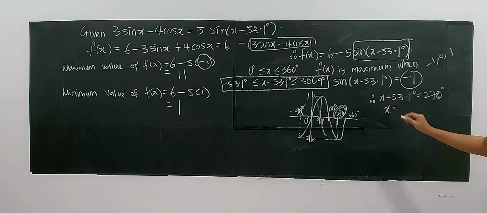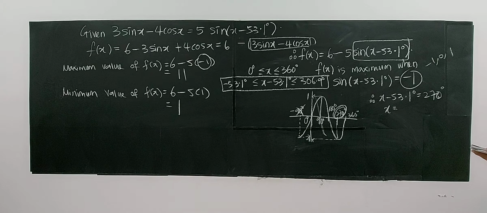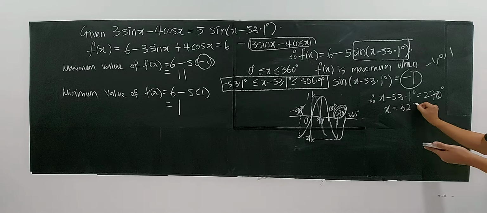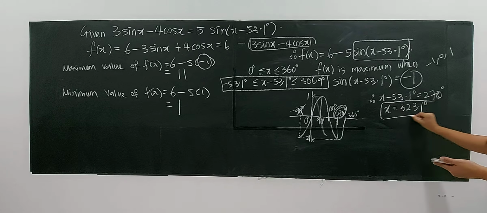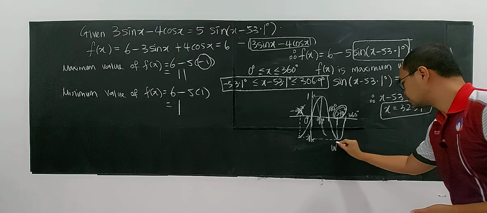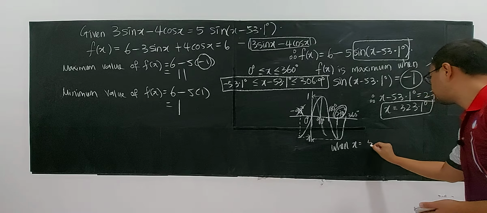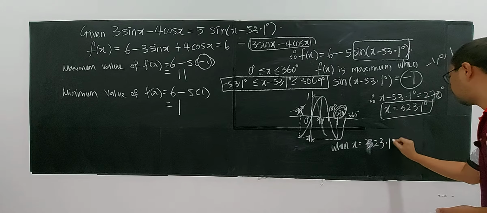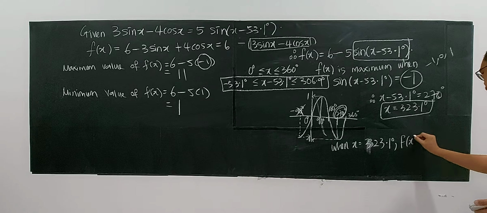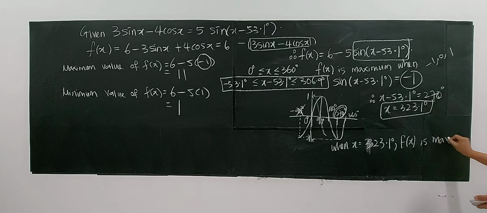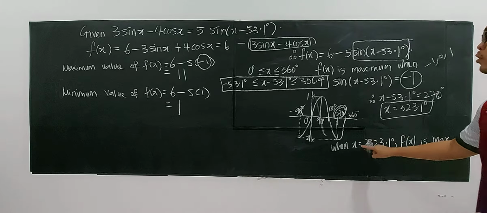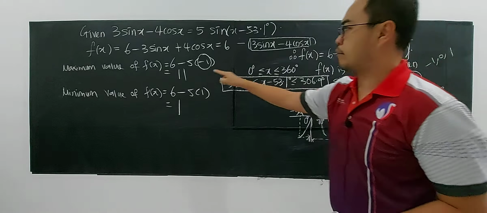So you have x equals 270 plus 53.1, which gives you 323.1 degree. So when x equals 323.1 degree, f(x) is maximum with value of 11, right? So this is the only value that causes this function to become maximum.